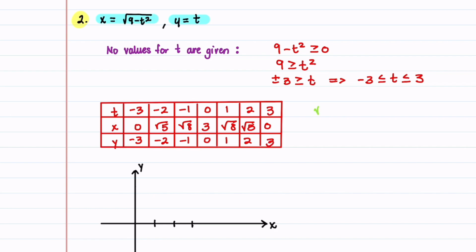Let's make a note that root 5 is approximately 2.2 and root 8 is approximately 2.8.